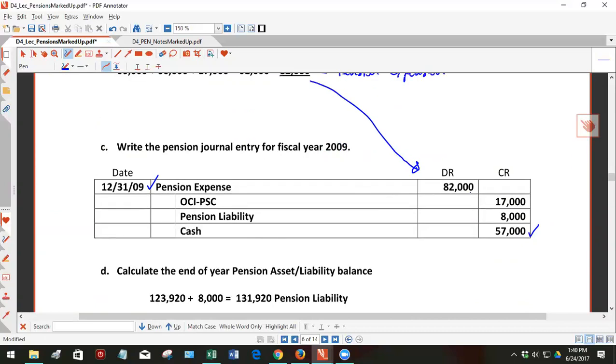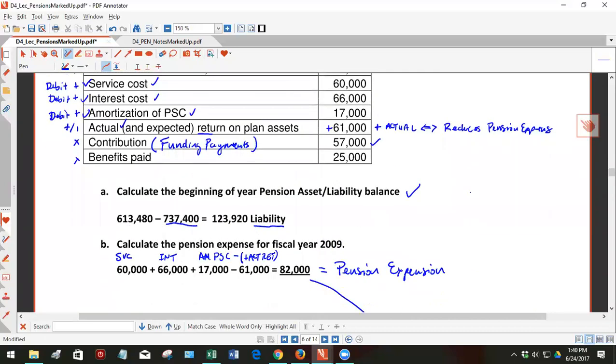All right. OCI prior service cost. So this amortization of prior service cost right here increases pension expense, decreases accumulated other comprehensive income, prior service cost. So it's easy to forget that amortization part. Amortization is a reduction. The AOCI prior service cost has a normal debit balance.